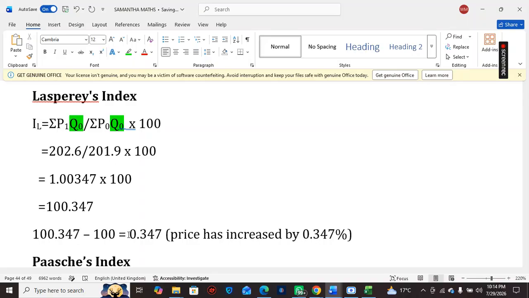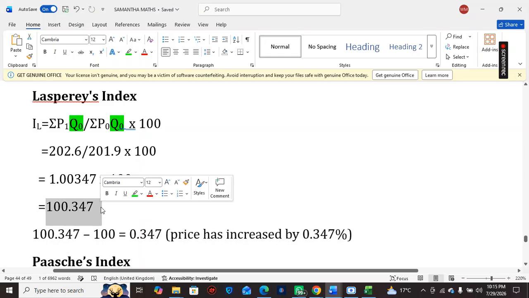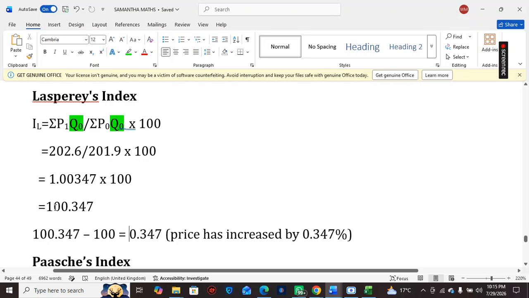Okay, yes. But this is not needed for Fisher's price index. We only just need this base number here. Okay, yes. But I just wanted to interpret for you so that we're understanding these things.